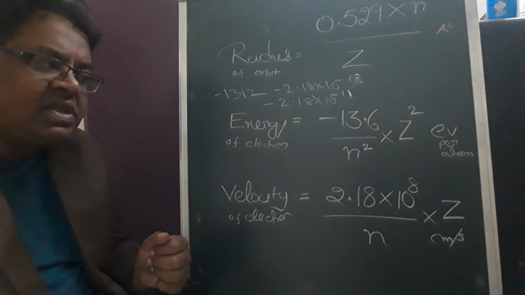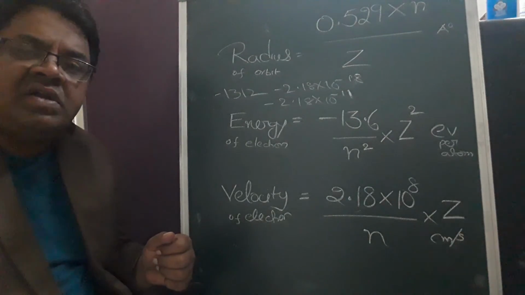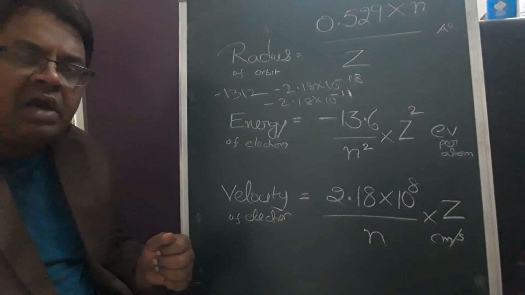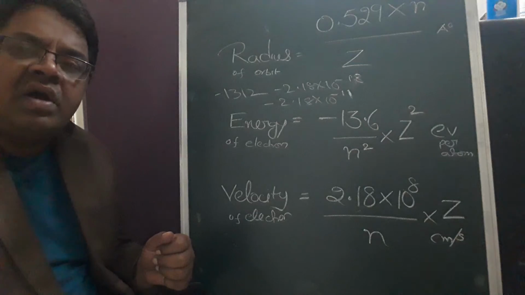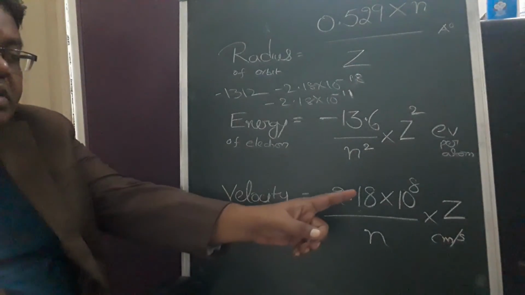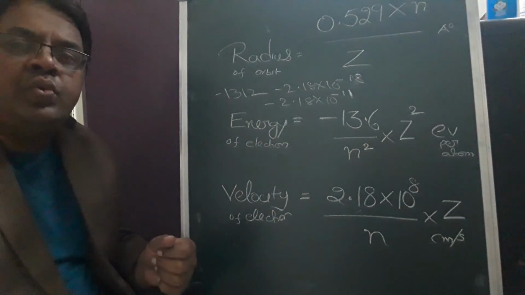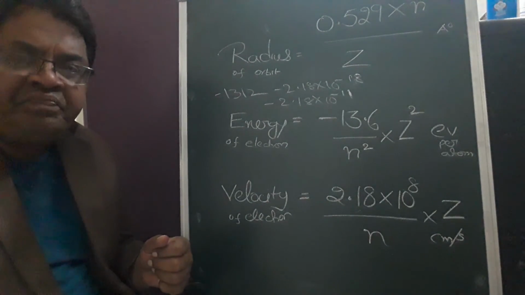Using this value in centimeters, you can calculate the velocity of any shell's orbit. If they ask for boron's second shell electron velocity, then the boron atomic number is 5, so Z = 5 and n = 2. Like this you can calculate the value.